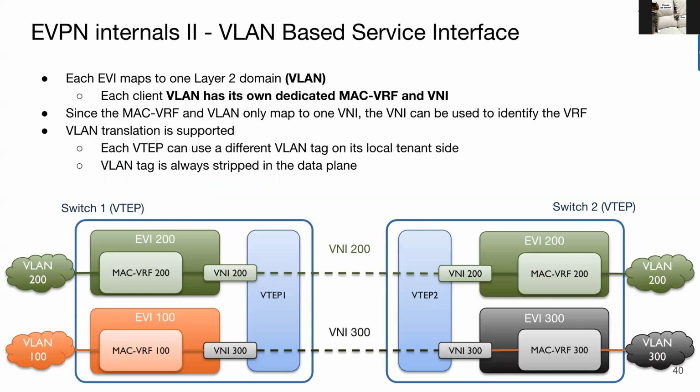So let's take a look at what that looks like. This is a VLAN based. You'll notice in the diagram, it's a 1-for-1 where I've configured a MAC-VRF for VLAN 200 and a MAC-VRF for VLAN 100. And then I would have that across all my VTEPs.